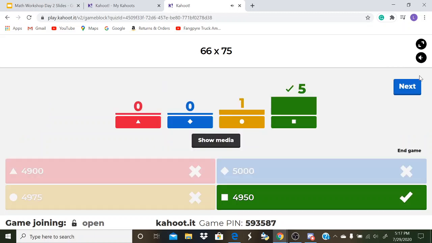So for this one, you would just divide it by 4, and then multiply by 3, and then add it to 100, or multiply it by 100 then.